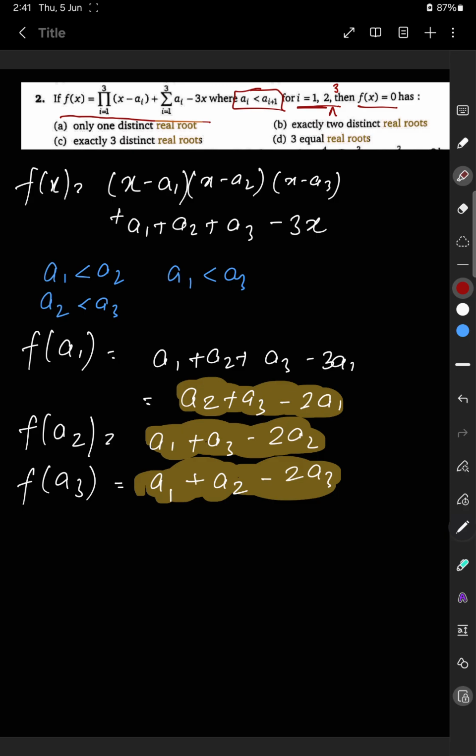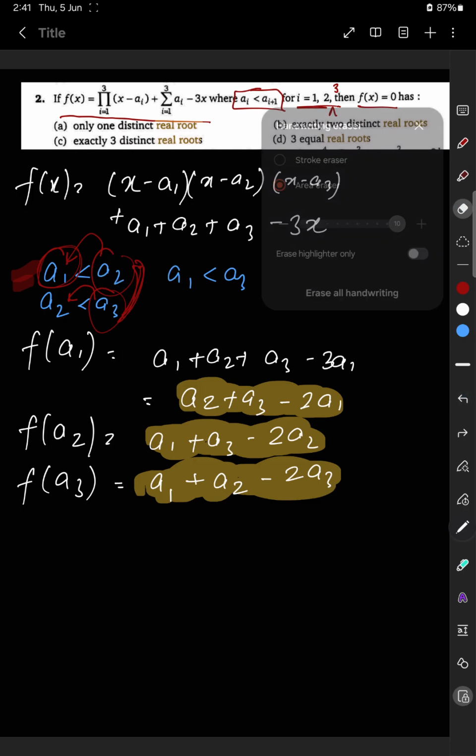We have given some conditions, so it is very clear to observe that if a2 is greater than a1 and a3 is greater than a2, then on summing these, it will always be greater than 2 times a1 because they both are greater.